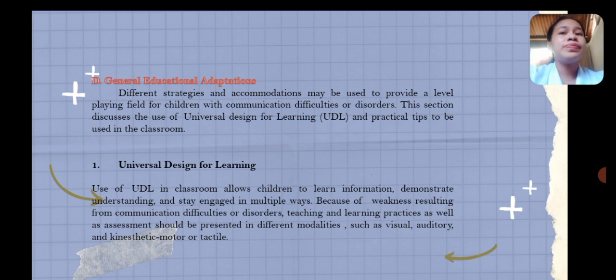It can also mean the alteration or adjustment in the way of instruction and assessment carried out to allow learners equal opportunity to achieve their desired learning outcomes. In this section we will discuss the use of UDL, or Universal Design for Learning, and the practical tips to be used in the classroom.